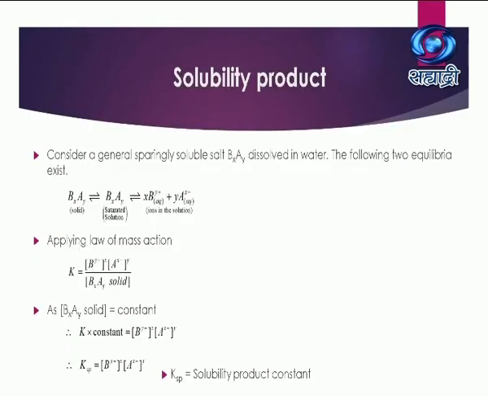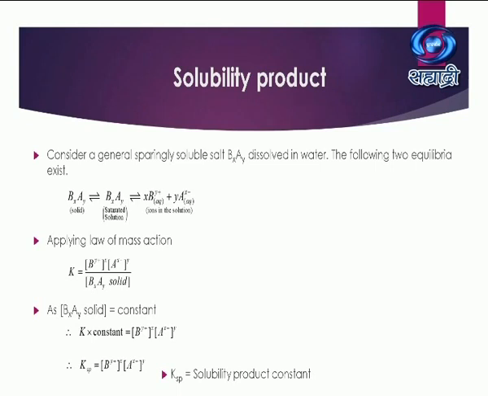Now let's consider a general sparingly soluble salt BxAy, which is dissolved in water. So the following equilibrium exists. BxAy solid reversibly gives BxAy saturated solution, reversibly gives xB^(y+) aqueous plus yA^(x-) aqueous.